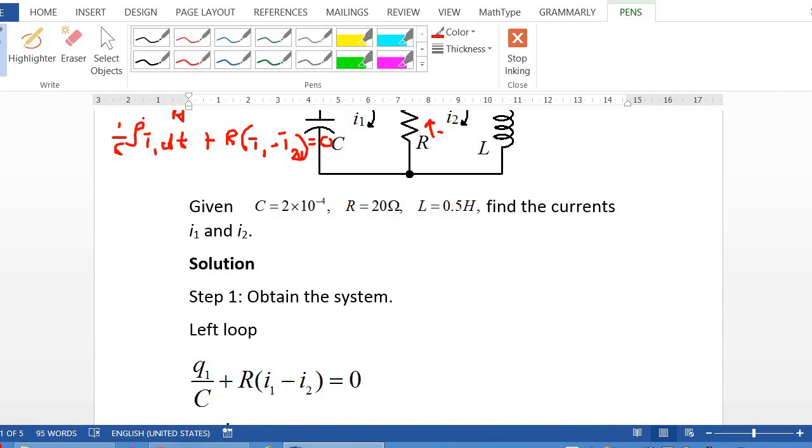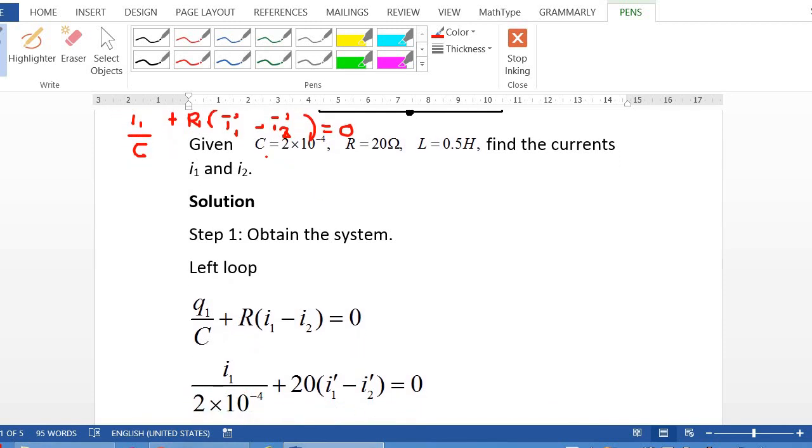To eliminate the integral, we take d/dt on both sides of the equation from the left loop. So d/dt of the integral of I1 dt gives I1 over C, plus R times (I1 prime, or di1/dt, minus I2 prime) equal to 0.